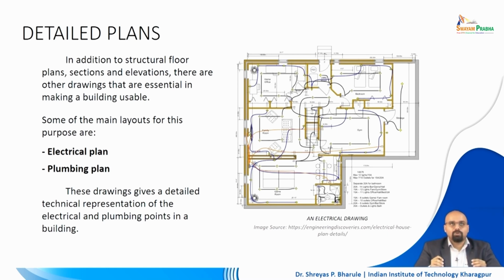In addition to that, what kind of fixtures and fittings will be put in that household, what kind of lighting fixtures are to be utilized, what kind of air circulation appliances will be used, whether there is an AC. If there is an AC, where will the outdoor unit be located, where will the indoor unit be located. All of these things are specified with the location and the electrical connections, and how they will be distributed along that particular area in which of the rooms, right?